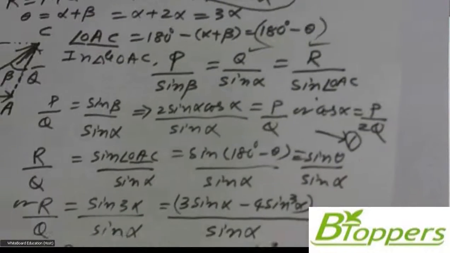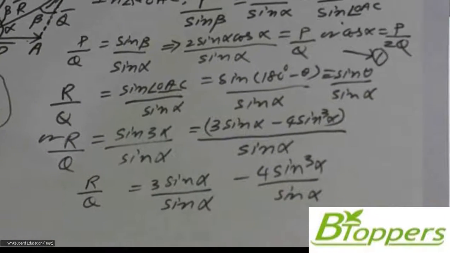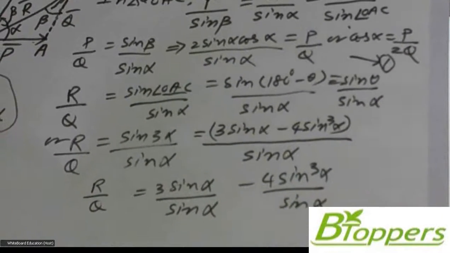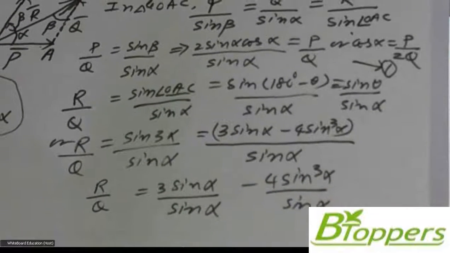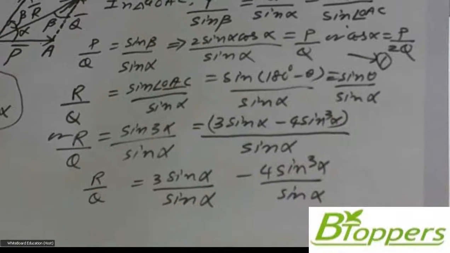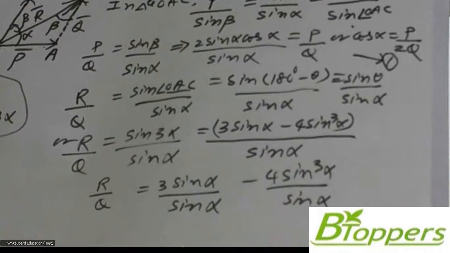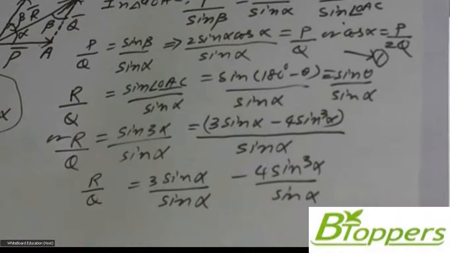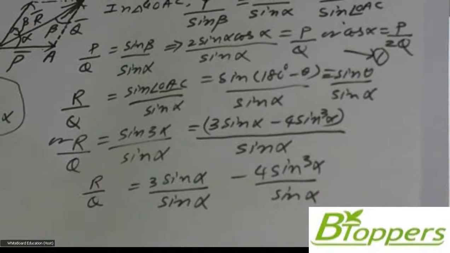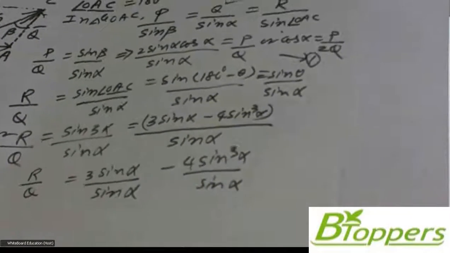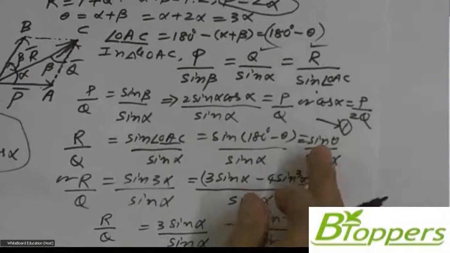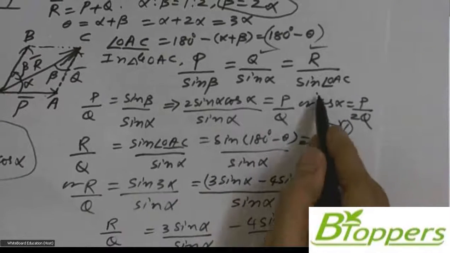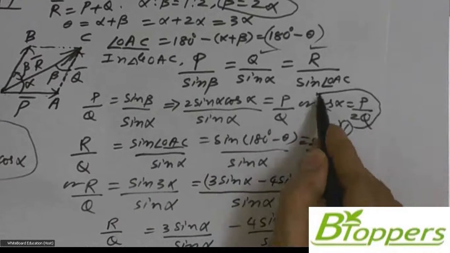So as we got here earlier, r by q equal to 3 sin alpha minus 4 sin cube alpha by sin alpha. So from this you get r by q equal to 3 minus 4 sin square alpha. Sin square alpha you can write 1 minus cos square alpha. The next step you can substitute this value cos alpha equal to k by 2.